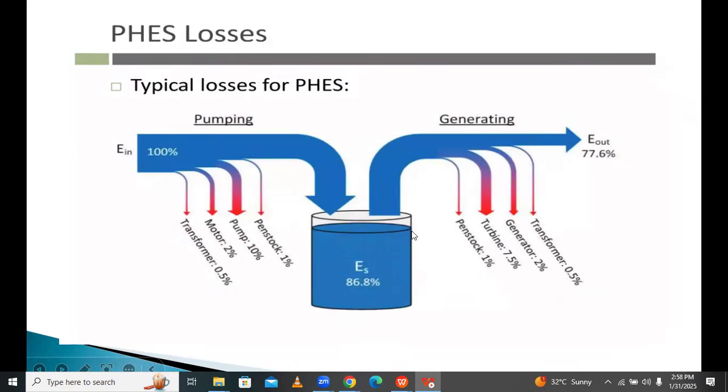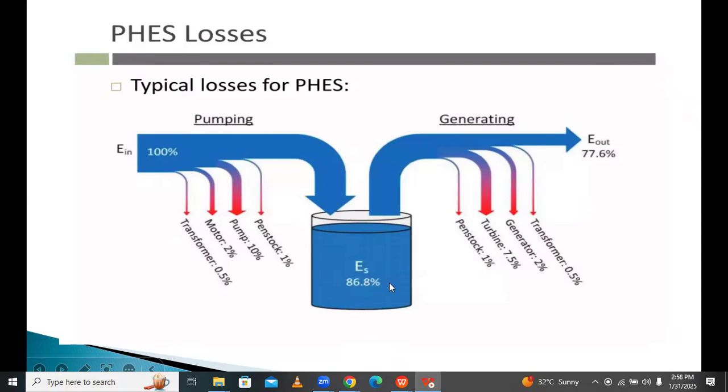Here 100% is the input to the motor. There is waste in the transformer 0.5%, motor 2%, pump 10%, penstock 1%. Like this, a considerable amount of losses takes place, and the remaining energy is 86.8%.